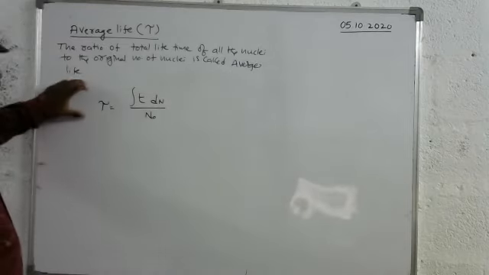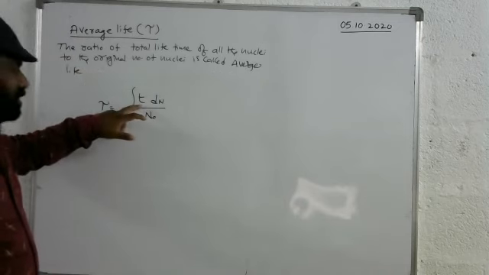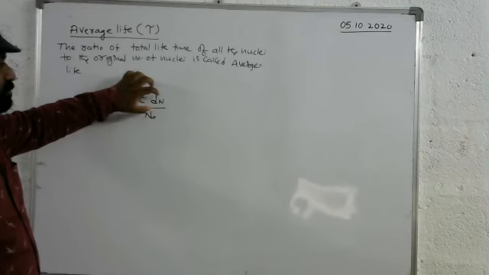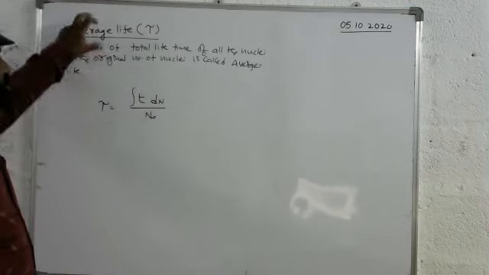So tau equals the integral, which represents the total. Here T means time, the total lifetime by the original number of nuclei. The ratio gives the average life.